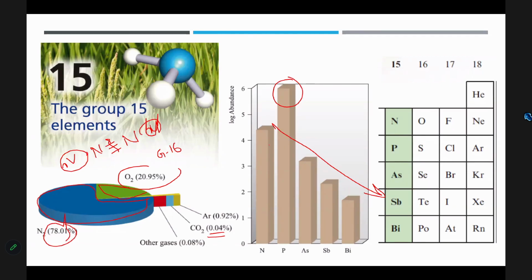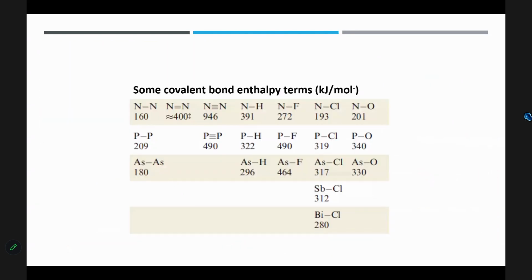But phosphorus exists as a solid. Nitrogen exists as a gas in Earth's environment. In the Earth's crust, phosphorus is more dominant than nitrogen, right? But in the Earth's environment, nitrogen is more dominant. Phosphorus in the air would mean people die. It's not safe.